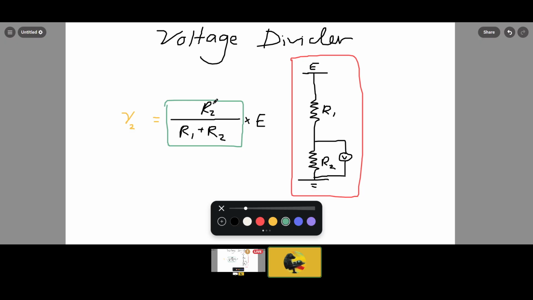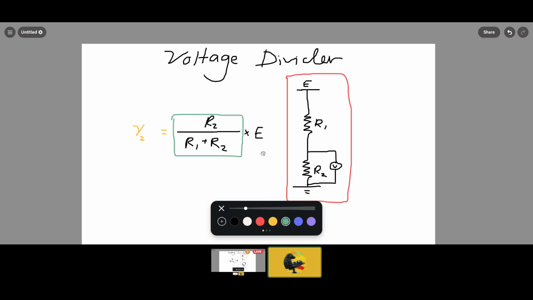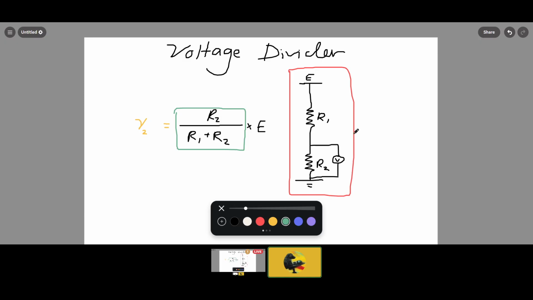Since the numerator is R2, you're going to find the voltage across the R2 resistor. If this were to say R1, then you would be finding the voltage output across the R1 resistor. So that is what a voltage divider does, how it normally looks in the equation, and how to apply it.